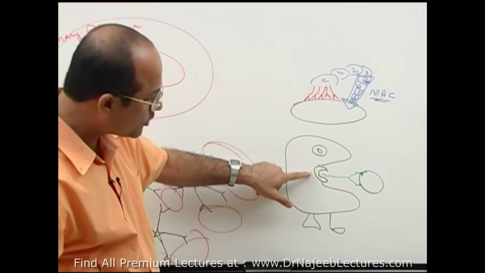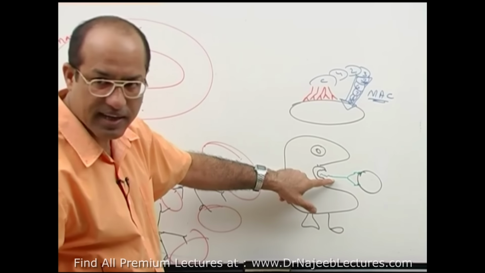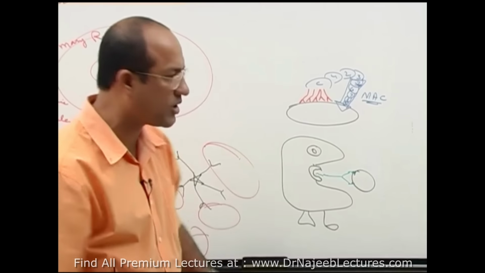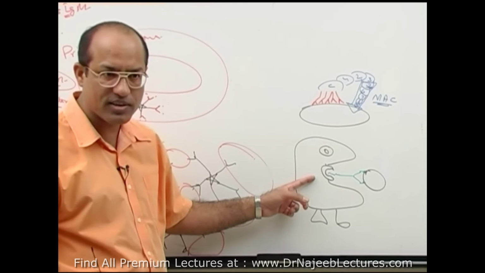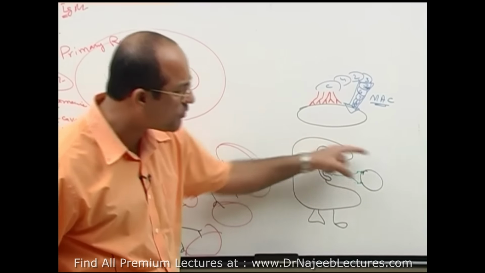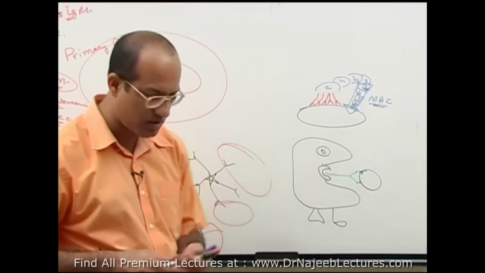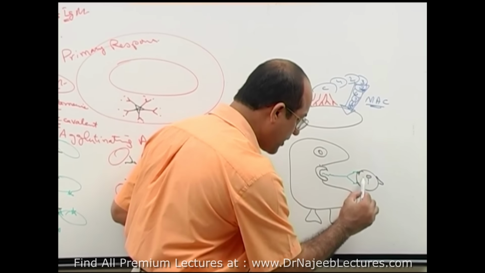So on the surface of the neutrophil or macrophage, if there is a receptor for the Fc portion of the antibody, and an antibody on one side catches the bacteria and on the other side binds with the neutrophil or macrophage, can this bacteria run away? It is caught and then very effectively it will be phagocytosed.